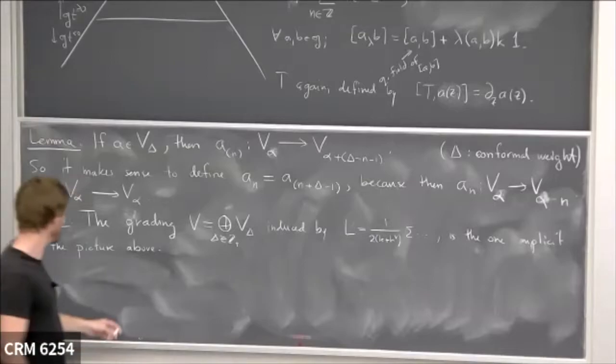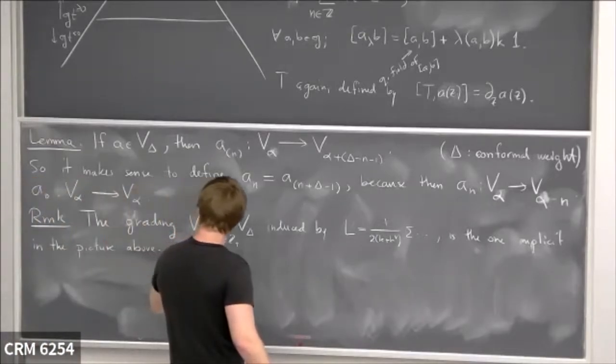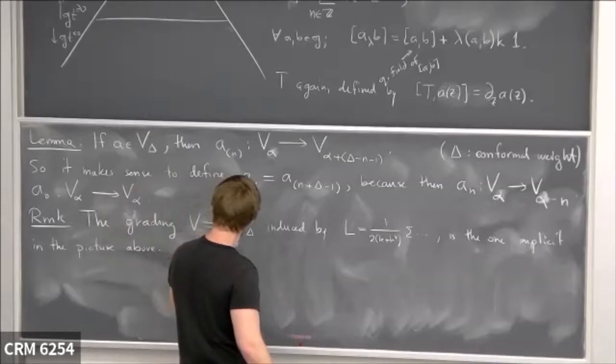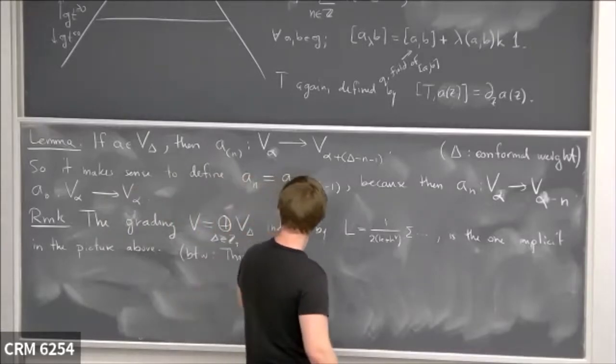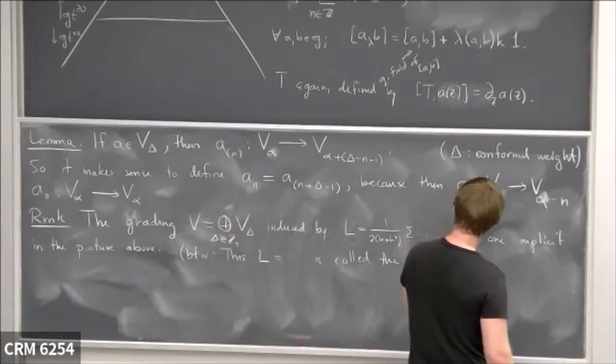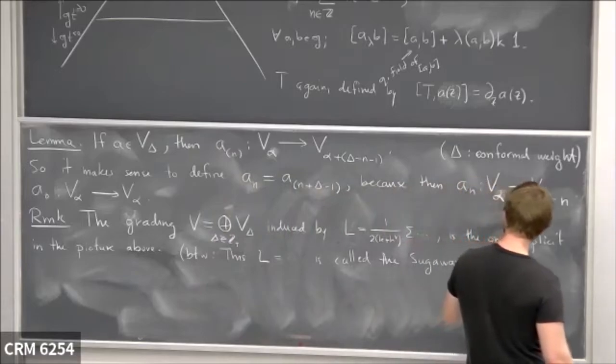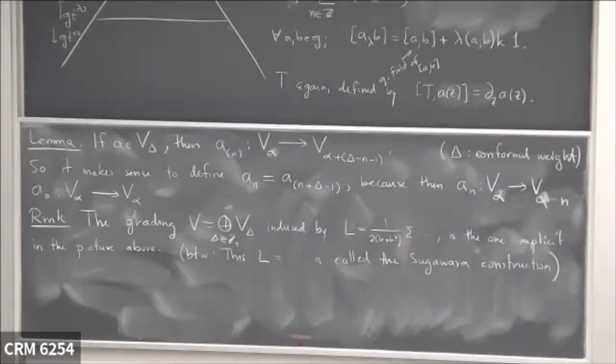Another remark is that this L is called the Sugawara construction. Just as I remarked last time, you could start with a representation of the oscillator algebra, do this construction of L, and arrive at a representation of the Virasoro algebra of central charge 1.